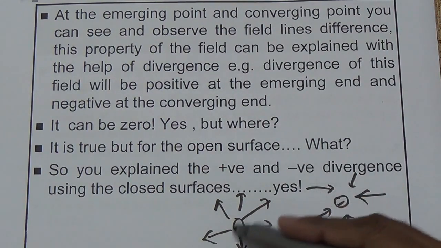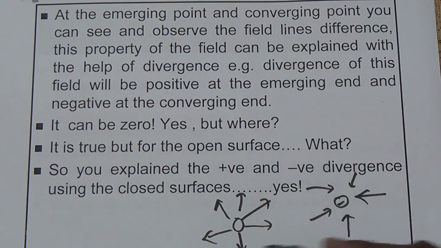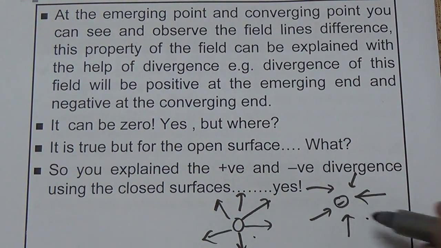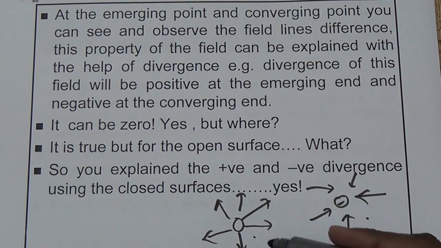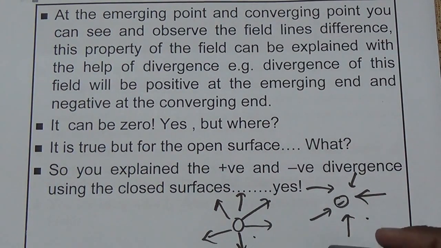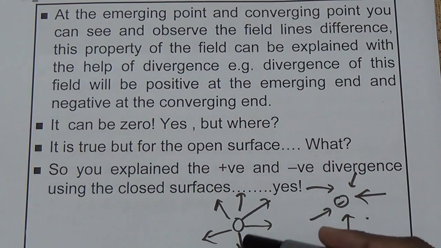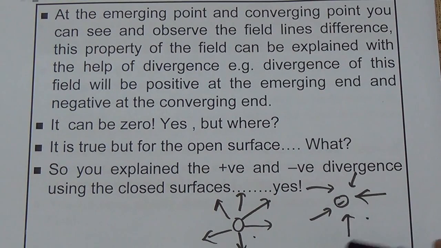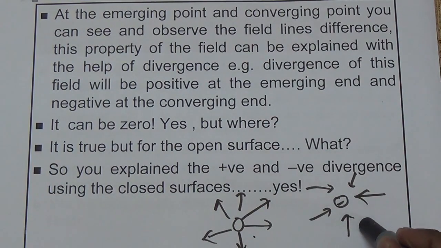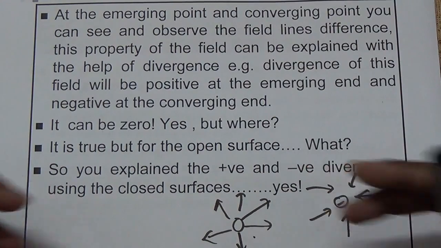So how to study the behavior of these electric field lines? These are emerging electric field lines, these are converging electric field lines. Is there any methodology to identify this type of nature of the electric field? Yes, we can find that out with the help of the divergence. If the divergence is positive, then we say the electric field lines are outward. If divergence is negative, then we say the electric flux is in the inward direction.